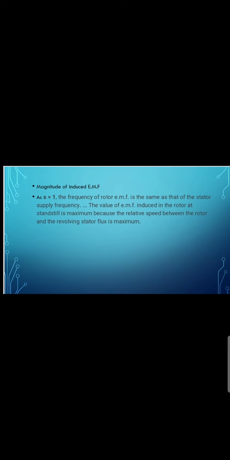So we can write for rotor in running condition, where this is the derivation, Ns minus N is equal to 120 Fr by P. Rotor poles is equal to stator poles is equal to P, and this is equation 2. By dividing equation 2 by equation 1, we get the following expressions: S is equal to Fr by F and Fr is equal to S into F.